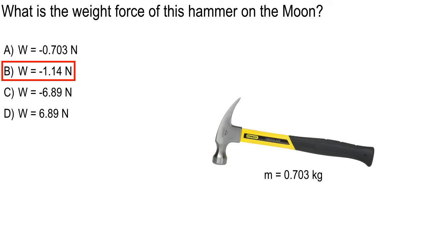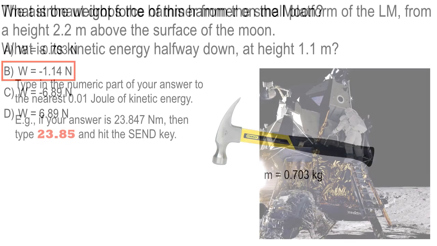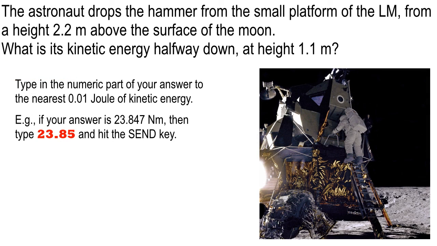Now the second question, using the clicker, we're almost done. The second question with the clicker was this. The astronaut drops the hammer from the small platform of the lunar module from a height of 2.2 meters above the surface of the moon. And you can see from that picture that 2.2 meters is not unrealistic. That's one of the moon astronauts on the lunar module getting ready to descend to the surface of the moon.